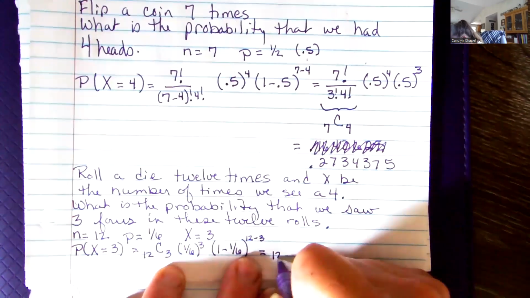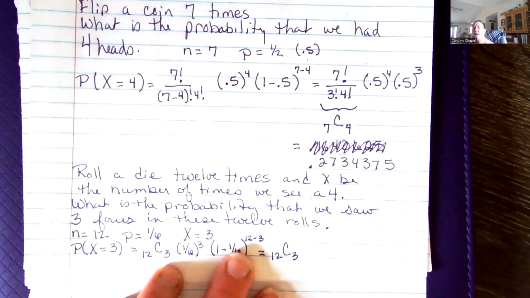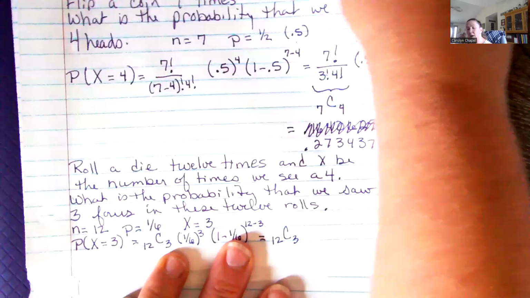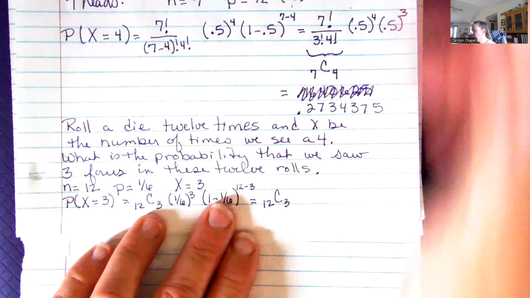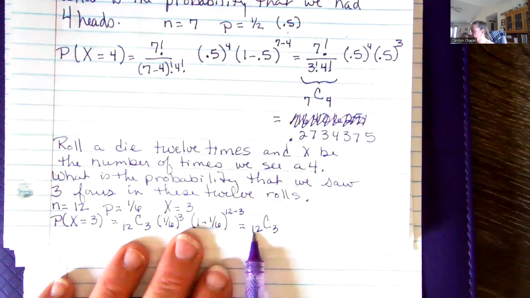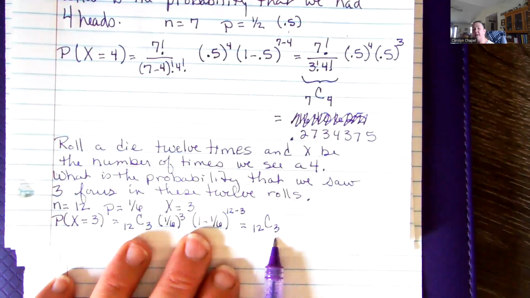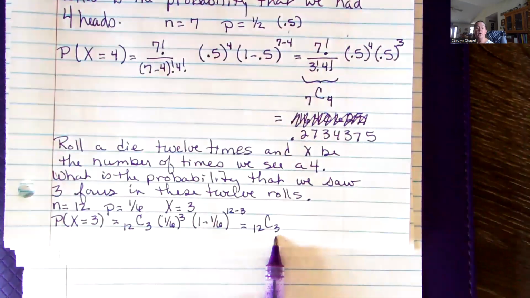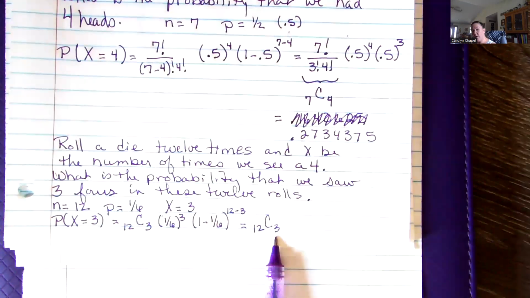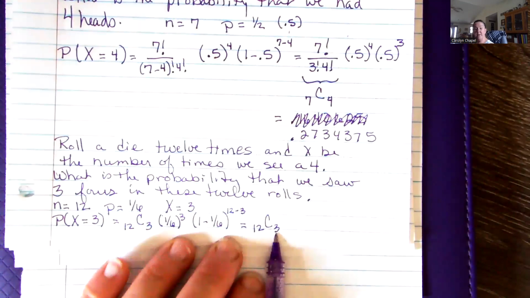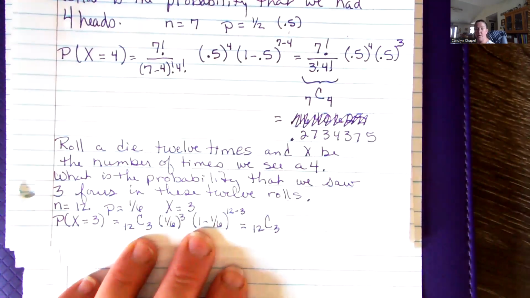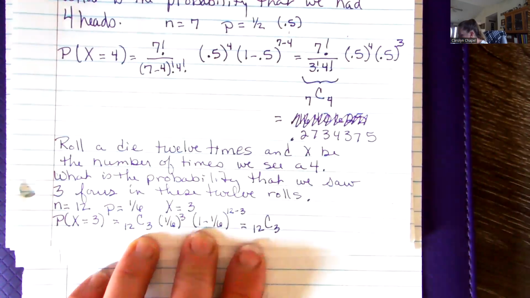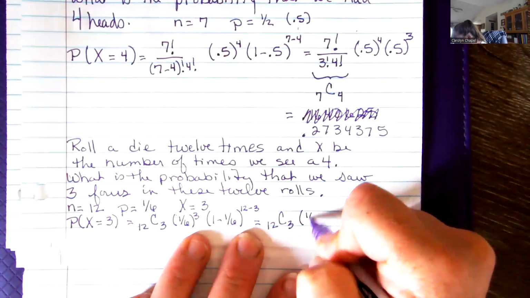So again, 12C3. And if you're kind of wondering where these pieces come from, this 12C3 is finding the number of ways you can order 4s and not 4s. There are 12 slots, and we're going to choose 3 of those slots to put a 4. And then we have the probability of each of those pieces.